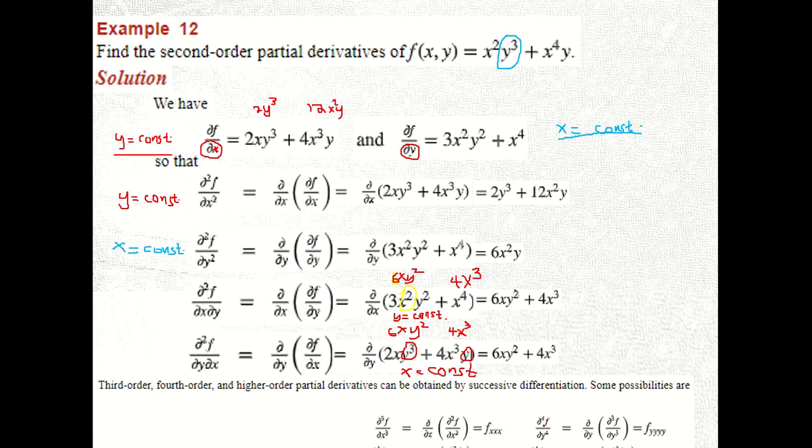And the fourth order partial derivative with respect to y is equal to the partial derivative of the third order partial derivative of the function with respect to y, or simply f sub quadruple y, or f y y y y, and so on and so forth.